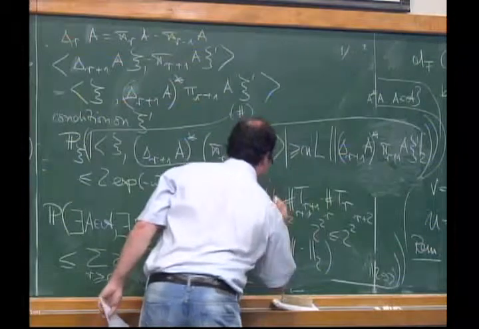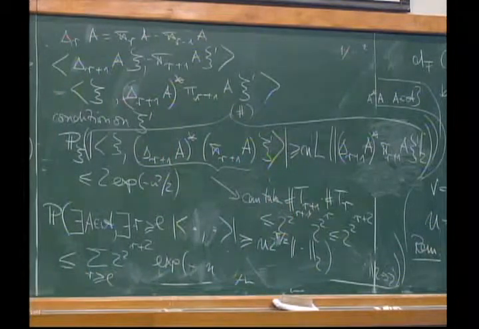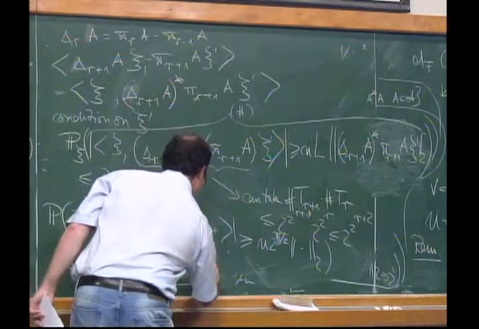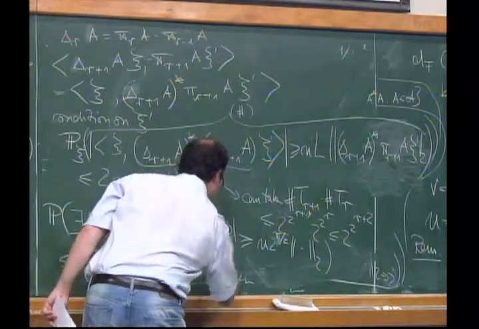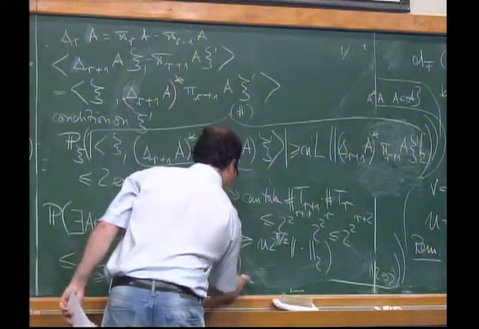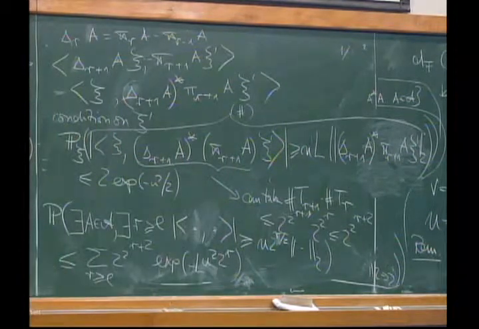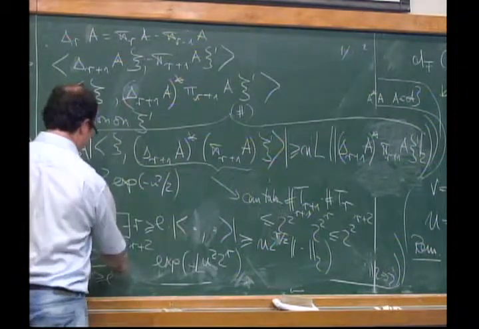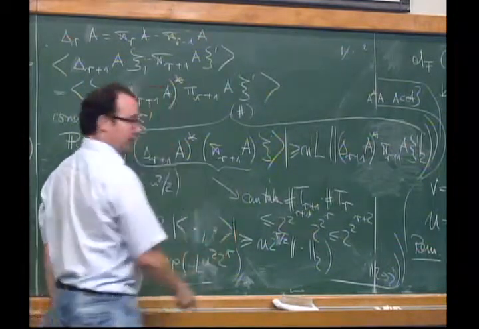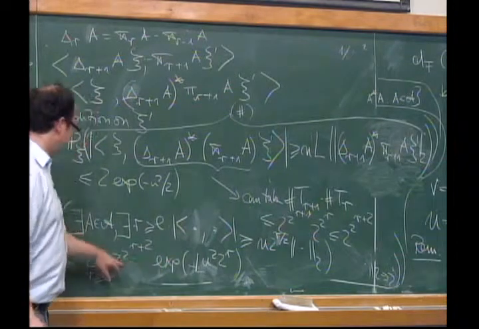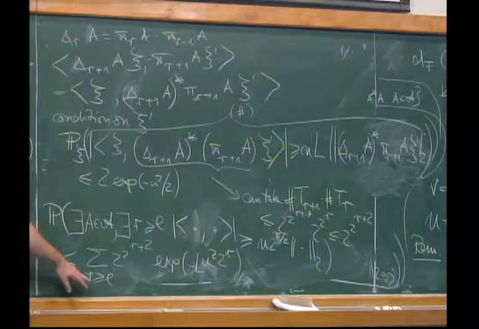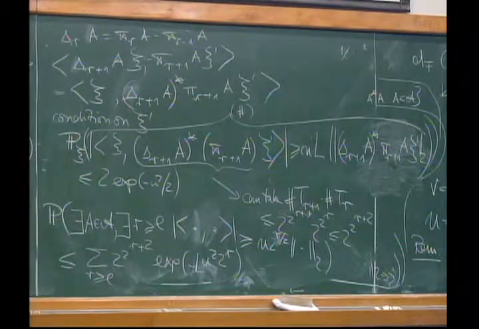But the crucial thing is to enter this 2 to the R. And then we get here u squared 2 to the R, and, well, a factor L maybe. And here we have 2 to the 2 to the R plus 2, and here we have e to the minus 2 to the R. So e is larger than 2, so actually this will kill this term, and it's also fine to sum up until infinity.